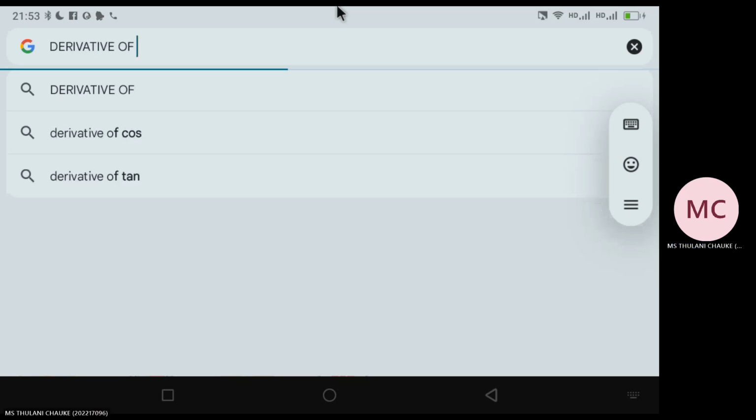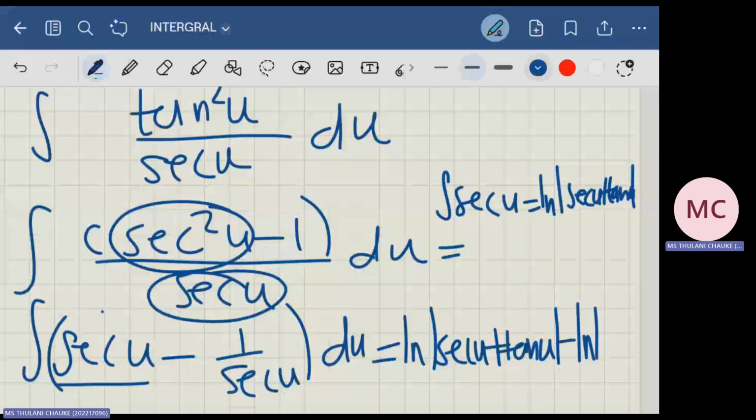So this was a proof. This one is the ln of sec u plus tan u. So that's what you're going to write here. Then this will be the ln of sec u plus tan u minus, this will just be minus the ln of sec u, then plus c. So this one is our answer.